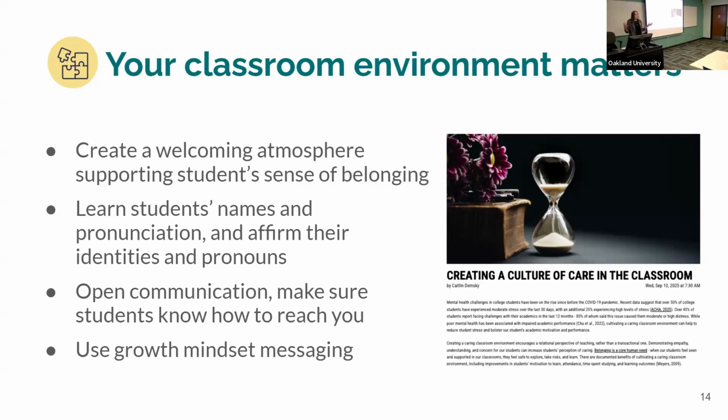Open communication, really thinking about how you want students to reach you, what different ways students can reach you, making sure that's really apparent to them, and that you might have more than one way for them to reach out can be really valuable.